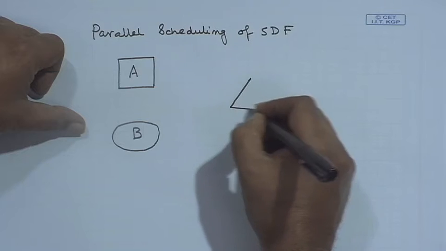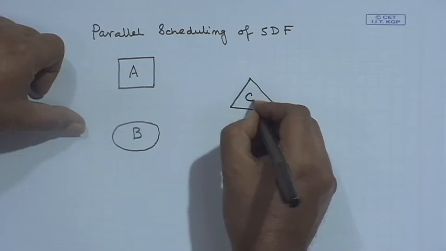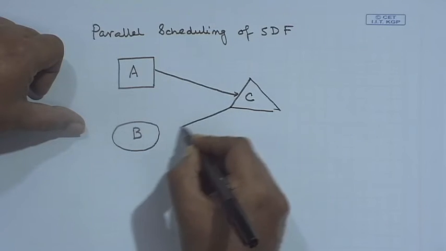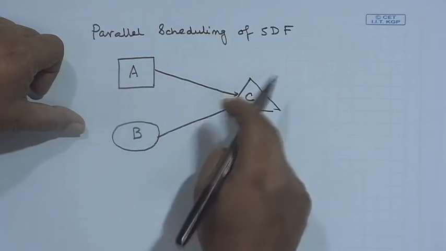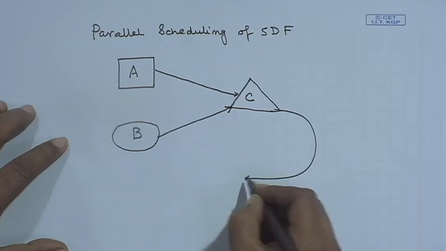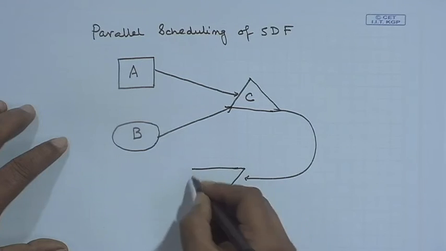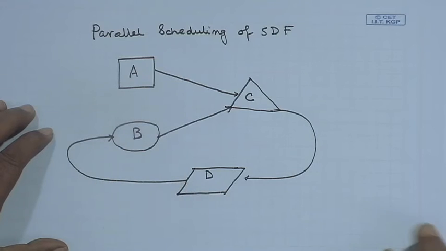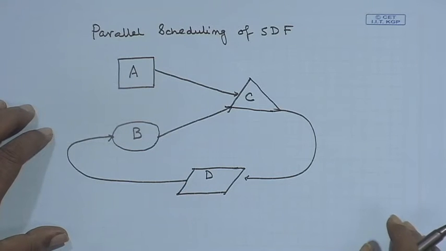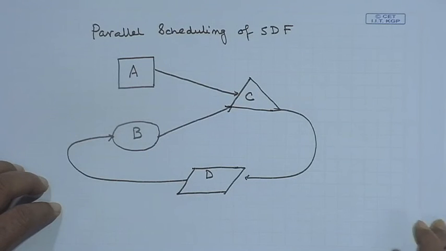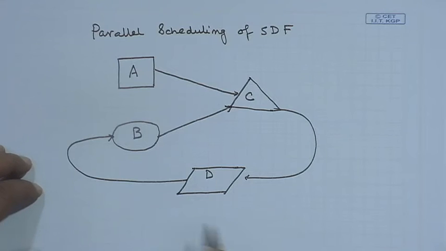Another task is C, all right. And the data flow is like this. C depends on A and B, and C produces something to maybe another one, which is D, and D again feeds to B. All right. Now, I want to schedule it. You see, once I get the data flow, I can schedule it in this way, that I can first schedule A.